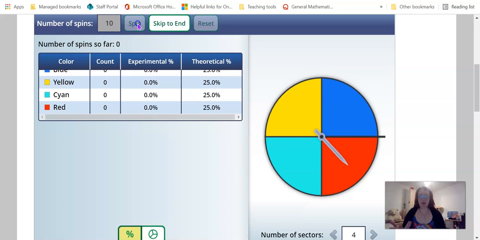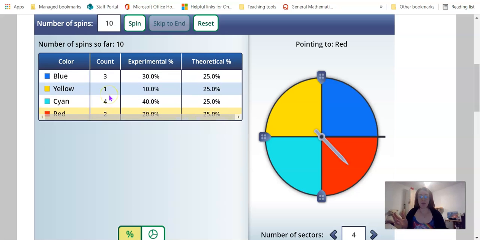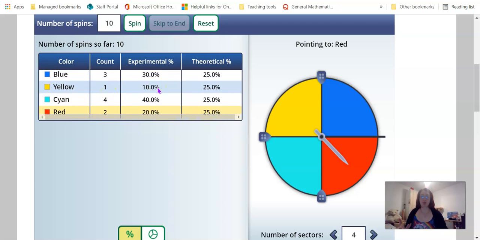If we spin this 10 times, our experimental probability doesn't match the theoretical because we've landed on yellow once, cyan 4 times, red twice, blue 3 times. It's not quite matched up because the actual outcomes haven't matched what the theoretical probability says. But if we were to spin it 1,000 times, skipping to the end, you can see they line up much more closely, because once you've run so many trials, eventually it's going to start lining up.